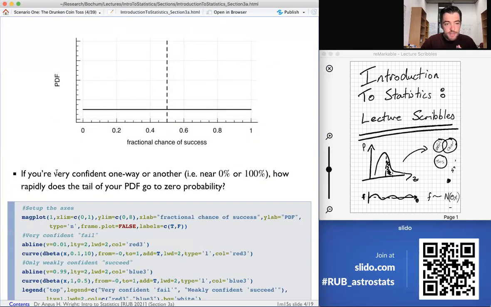If you've picked very confidently one way or the other, like you think it's almost a certainty that this person will fail, or it's almost a certainty that this person will succeed, then you really need to ask, how rapidly does the tail of this probability distribution taper off?